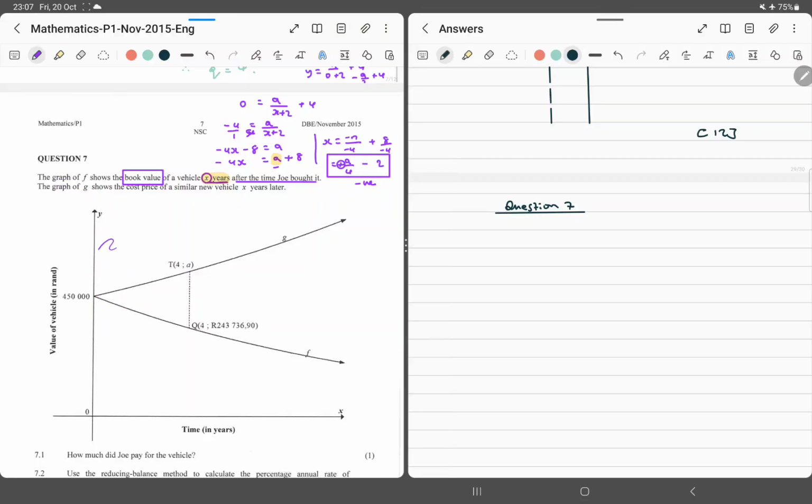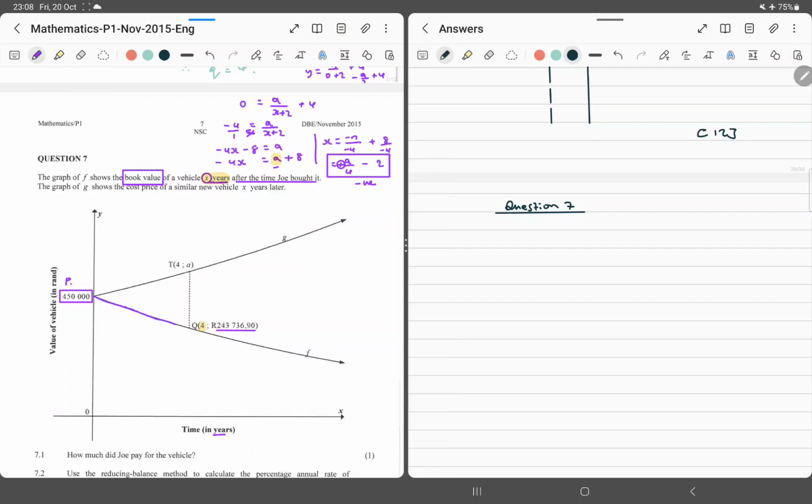Now, let's look at this graph. What do we see here? We can see that we've got some value there, the y-intercept. This is probably the present value, right? Because that is what it costs today, perhaps. Then years later, as we can see, on the x-axis we've got years. That is 4. So 4 years later, it costs this much. So it depreciated. But now, is this a straight line?